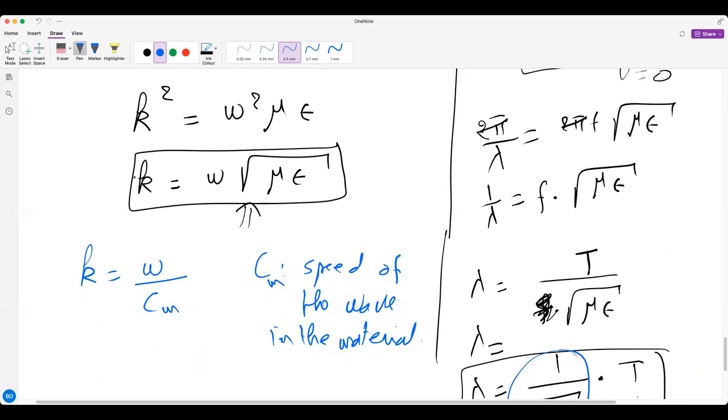And we will demonstrate that the wave is not attenuated. On Tuesday, we will demonstrate that if sigma is not equal to 0, which means in the case of a conductor, the wave will be attenuated. This is the importance of the dispersion equation. Any questions?